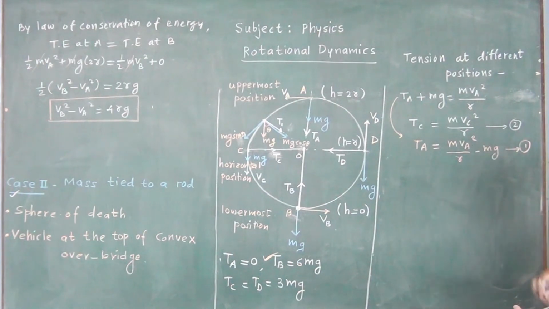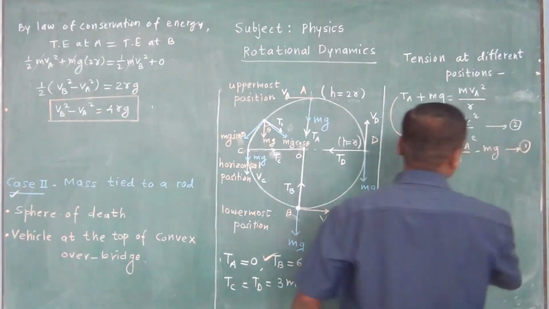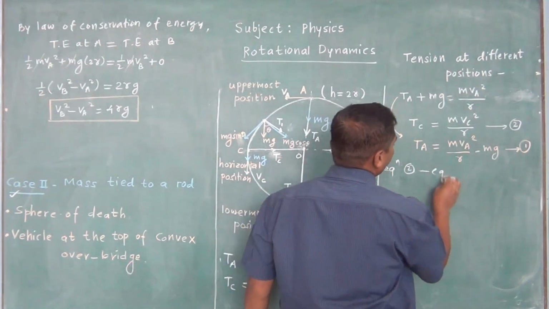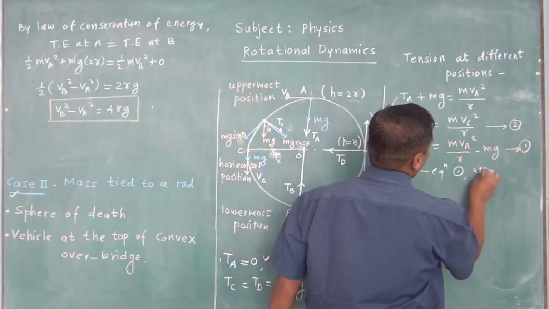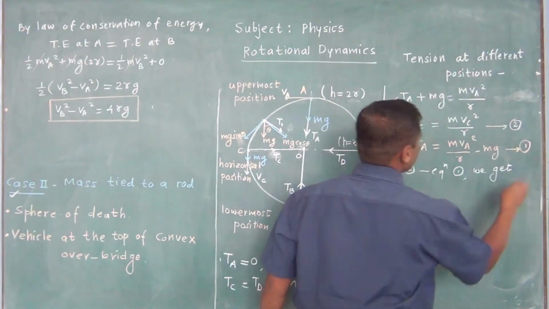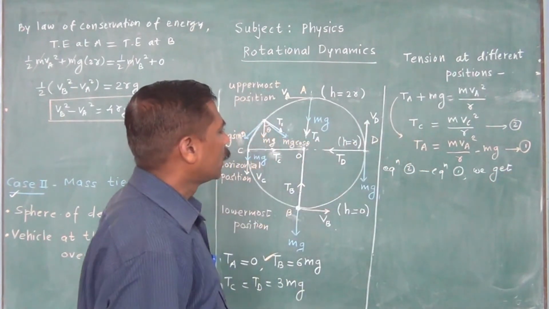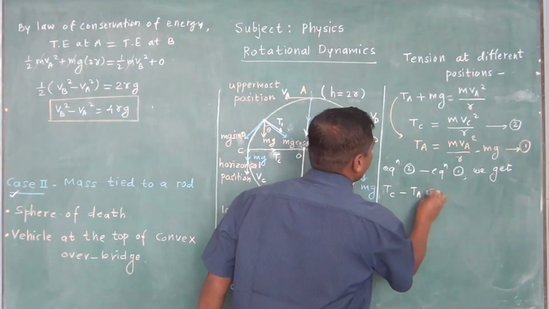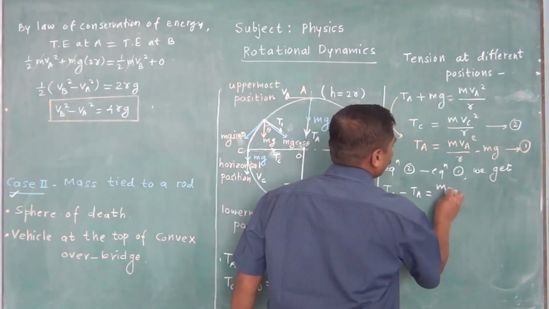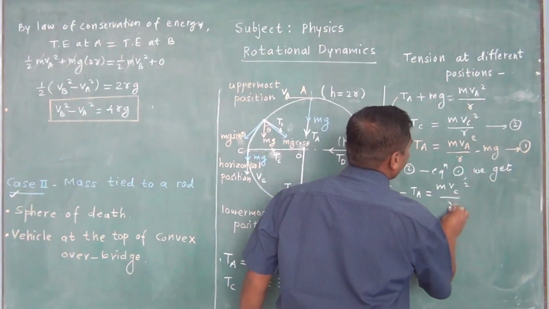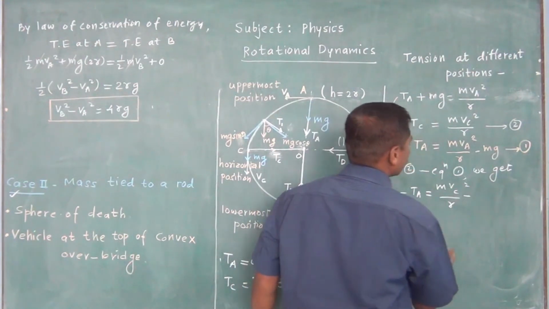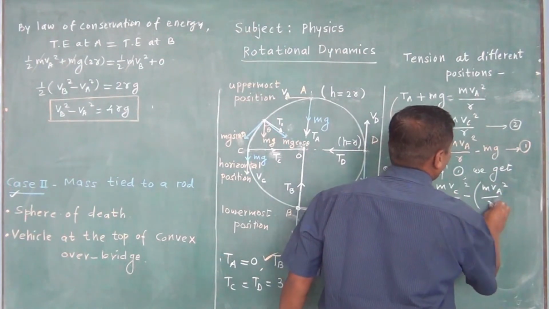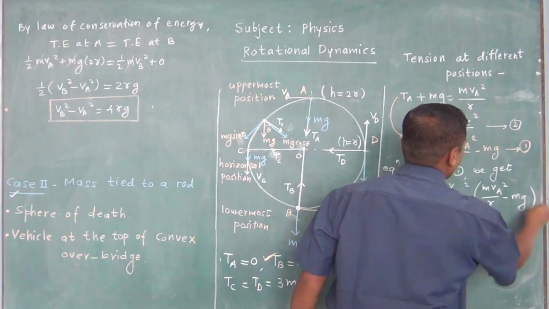Now we take the difference, equation 2 minus equation 1, the same process: Tc minus Ta is equal to mvc square upon r minus, in a bracket, mva square upon r minus mg.